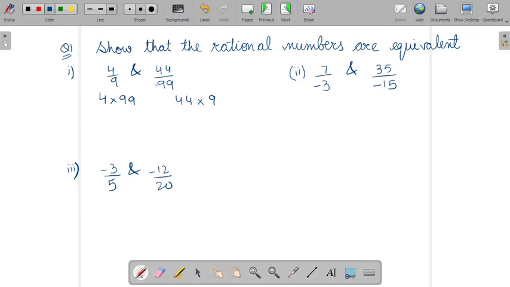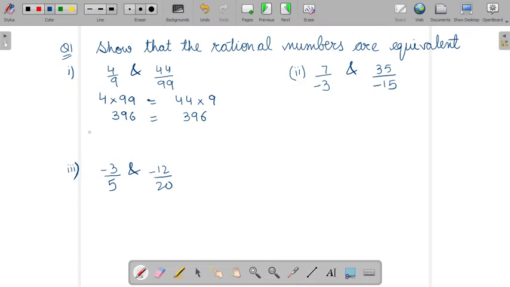Cross multiply. Now let's see the calculation. 4 multiply 99 is 396 and 44 multiply 9 is also 396. So both of them are equal here.